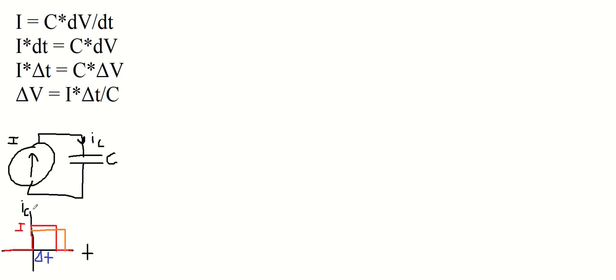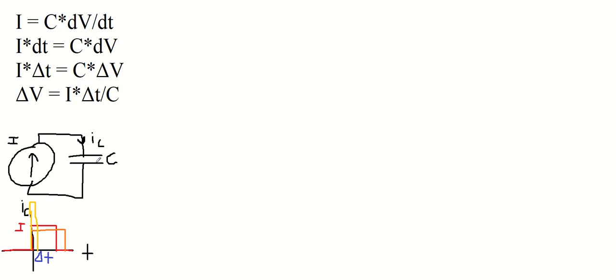We could have also done some really skinny rectangle that delivered a lot more current. Again, as long as the area is staying the same, we get the same resulting voltage across the capacitor.